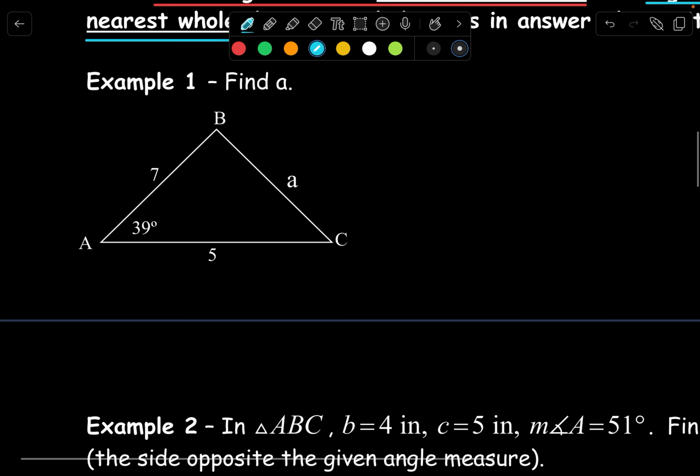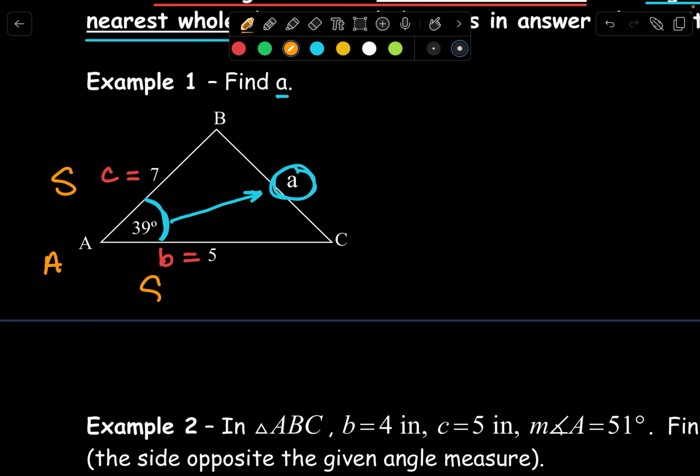For this first example, it says find little a. Little a is a side, and it's across from angle A. If you look, we have side c across from C, we have side b across from B, and we have angle A. That means this given information is side, angle, side.